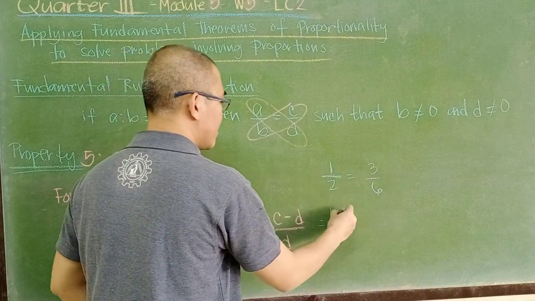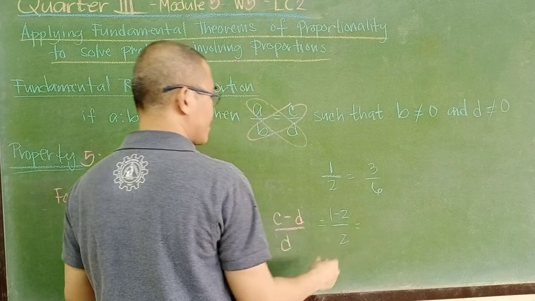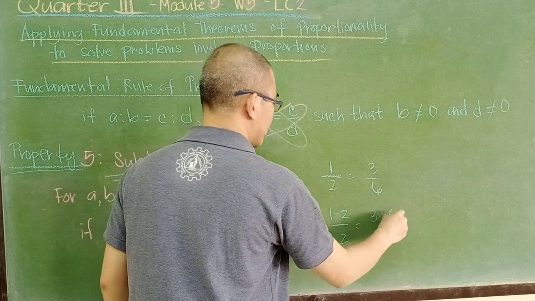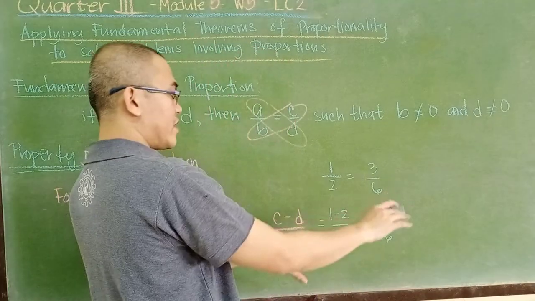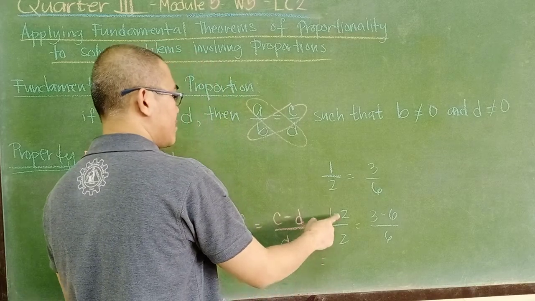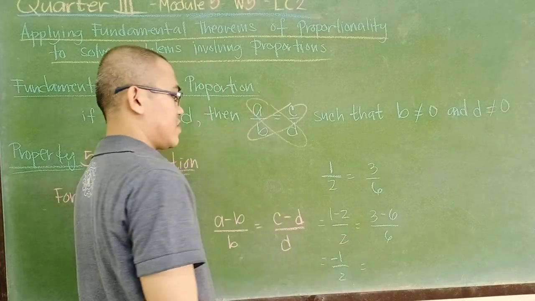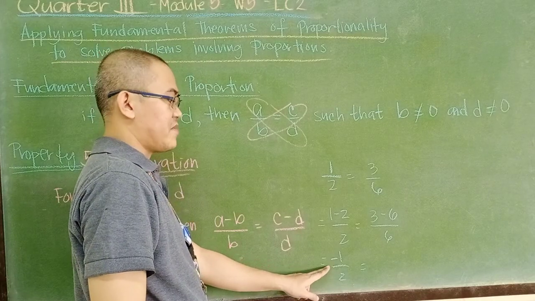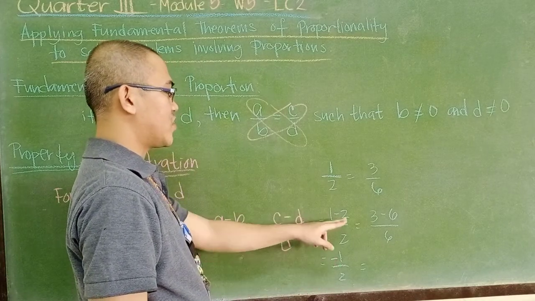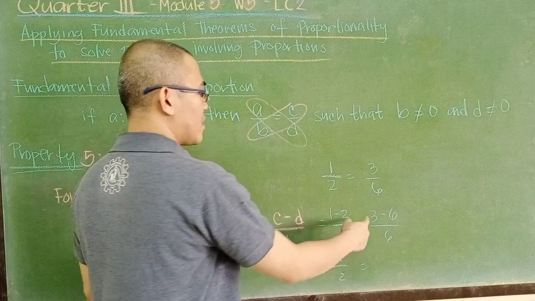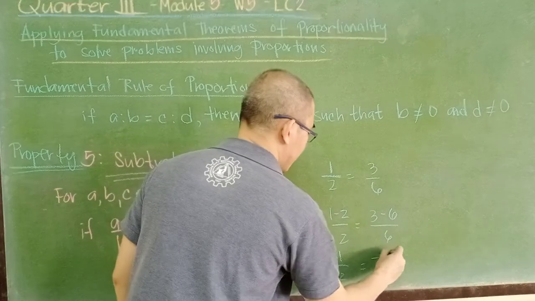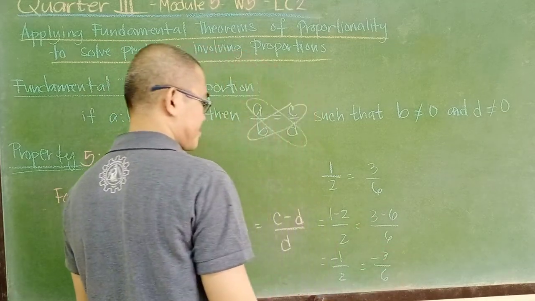So, we have 1 minus 2 over 2, and then 3 minus 6 over 6. So, when I simplify, 1 minus 2, we have negative 1 over 2. Yung rules for integers would still be applied. So, 1 minus 2, we have negative 1 over 2. 3 minus 6, we have negative 3 over 6.